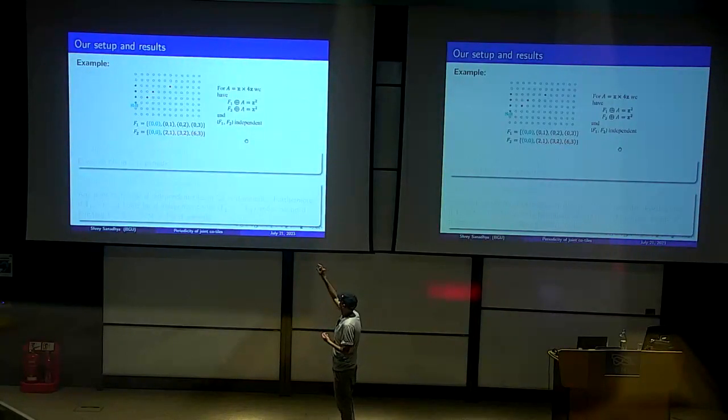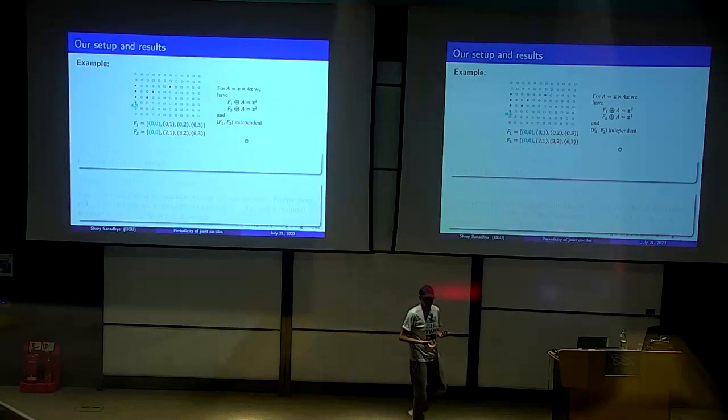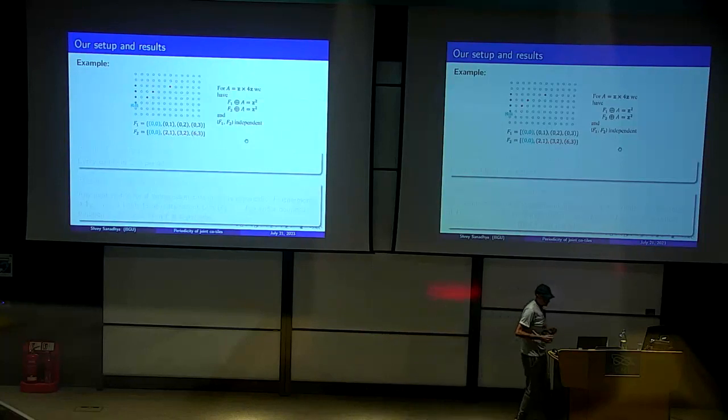You can also see that Z cross 4Z is a cotile for both of these tiles, F1 and F2. So here is an example of independent tiles, and A is a joint cotile for both of them.